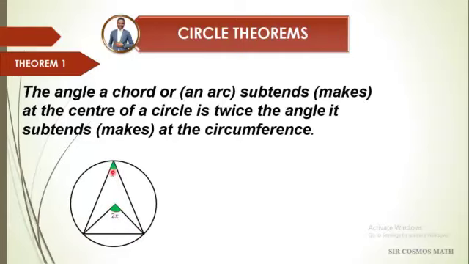That is, twice this angle will give me this angle. This is the center of the circle. So the angle this chord makes at the center of the circle is twice the angle it makes at the circumference of the same circle. Now, let's look at the demonstration.